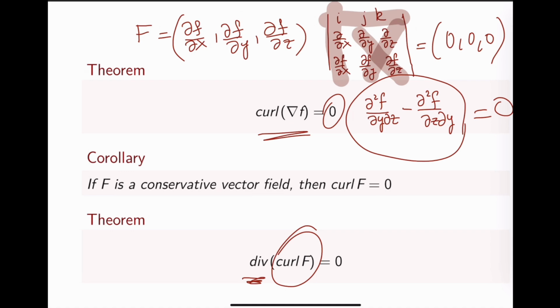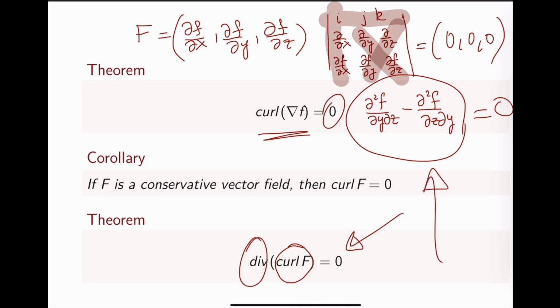And I would encourage you to actually do the calculations. I mean, write down the curl of F with all its expression, calculate the divergence by just adding the partial derivatives, and you will see that by using the same theorem of the mixed derivatives, you will get that the divergence is equal to 0. In this case, it's the number 0, not the vector 0.